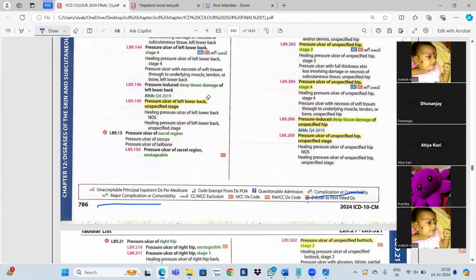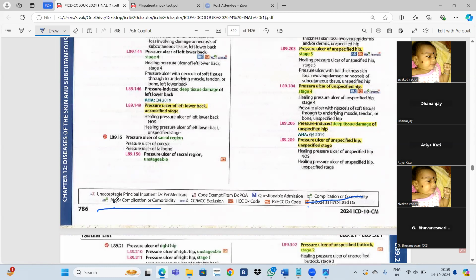MCC green tick means major complication or comorbidity, MCC. CC green tick means complication or comorbidity condition, CC. If you identify the MCC symbol beside the ICD code, it is an MCC condition. If you identify the CC symbol, it is a CC condition.